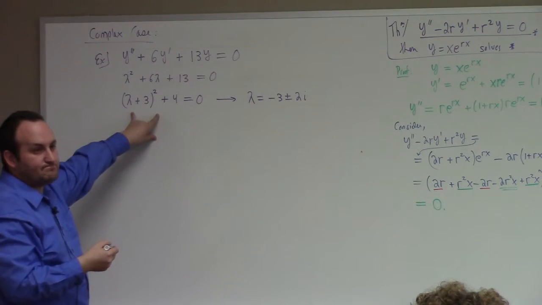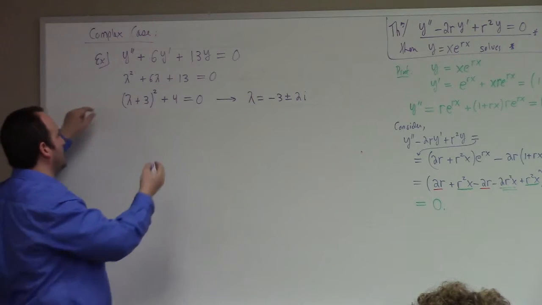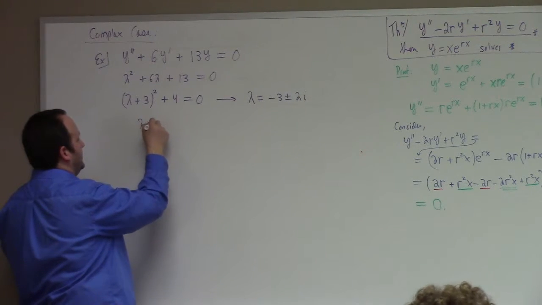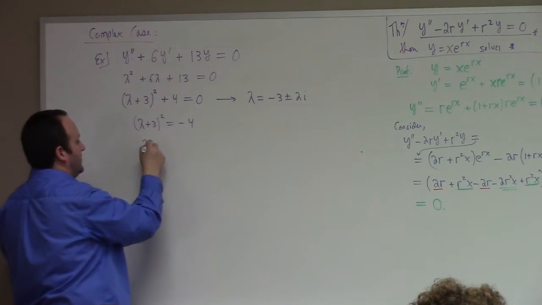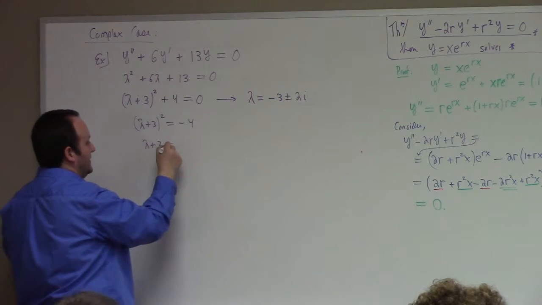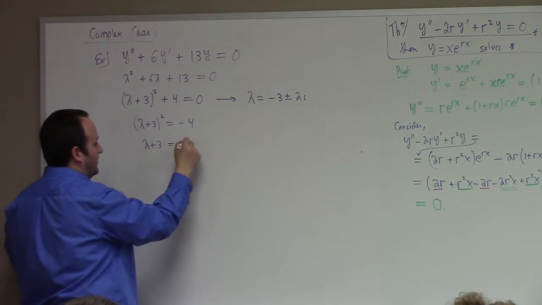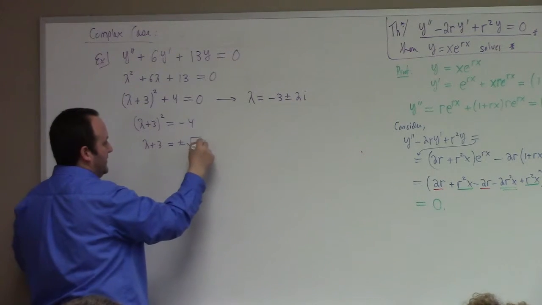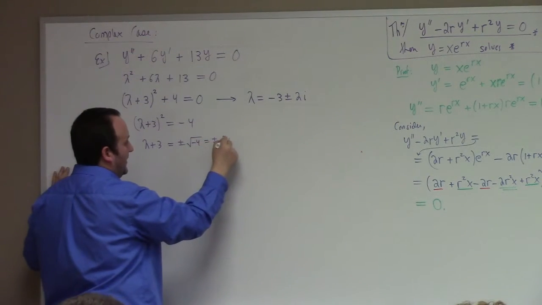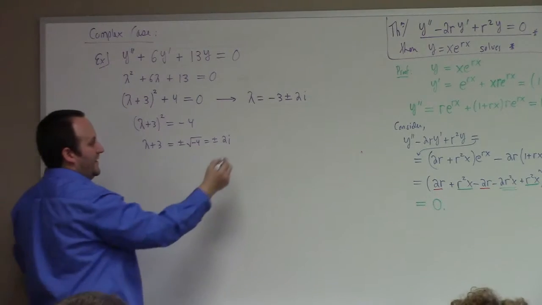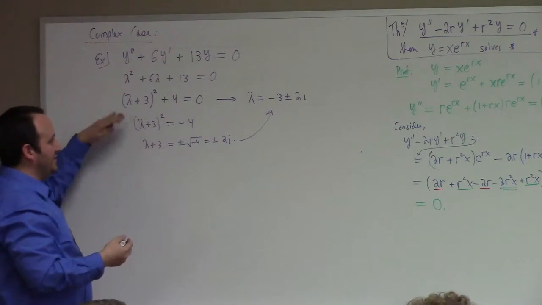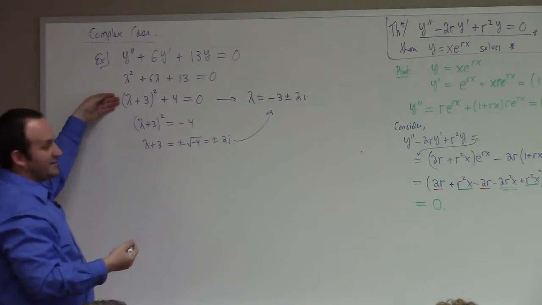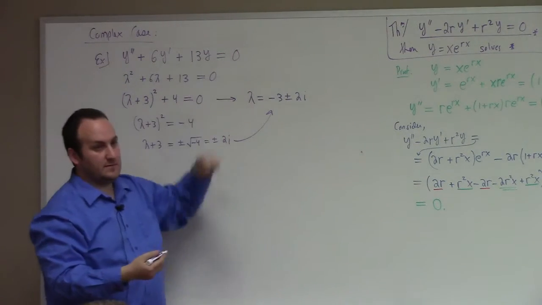Just from that. If you want, I can go through the motions. This is (lambda + 3) squared = -4, and then you can say, okay, so lambda + 3 = ± the square root of -4, which we can write as ± 2i, right? And then we'll get back up to there. But I figure, why do that if you can just read directly from this expression the answer?